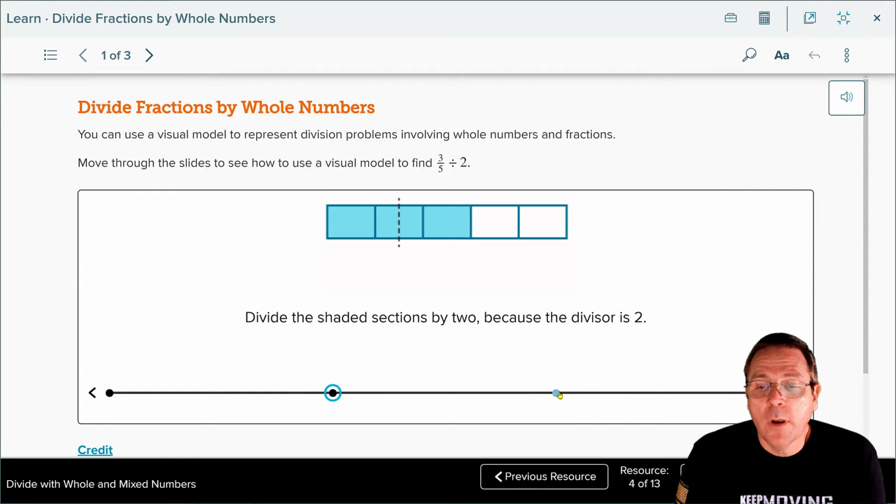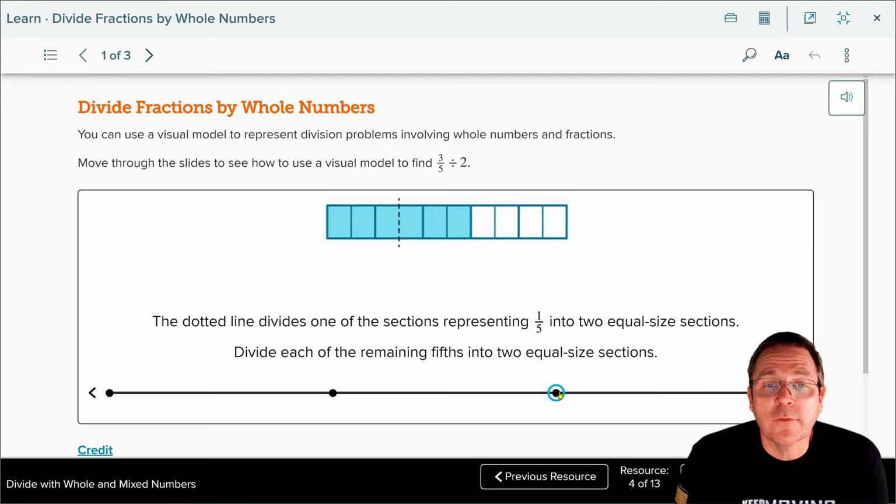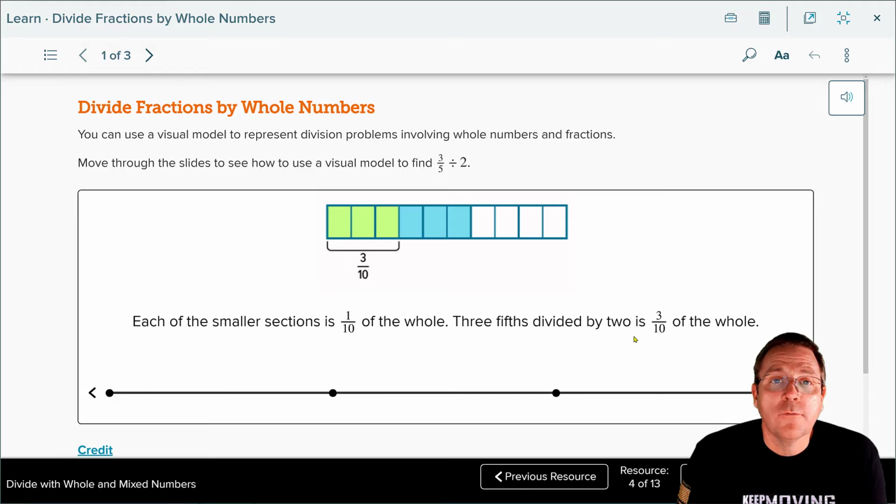So they put lines halfway through all the spaces, and when they did that, they ended up with 1, 2, 3, 4, 5, 6, 7, 8, 9, 10 sections. Of those 10 sections, you have 1, 2, 3 in one half, and 1, 2, 3 in the other half. So half of 3/5 is going to be 3 out of 10 that you see in your final answer right here.